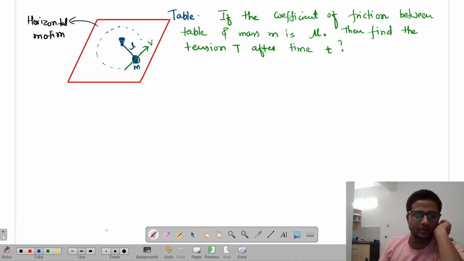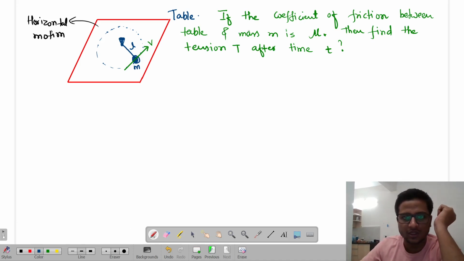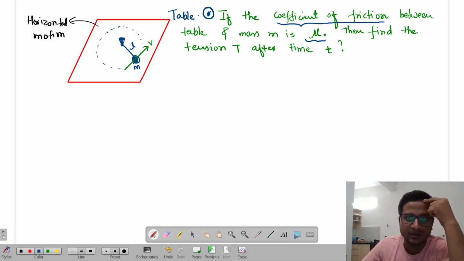Okay look, let me teach you something today, how to become a pro in physics. I do not give these ideas to anybody because this is how I have done. So basically it is written that the coefficient of friction is given as mu, isn't it? Then identify what mu can do. Mu will always reduce the velocity or not?